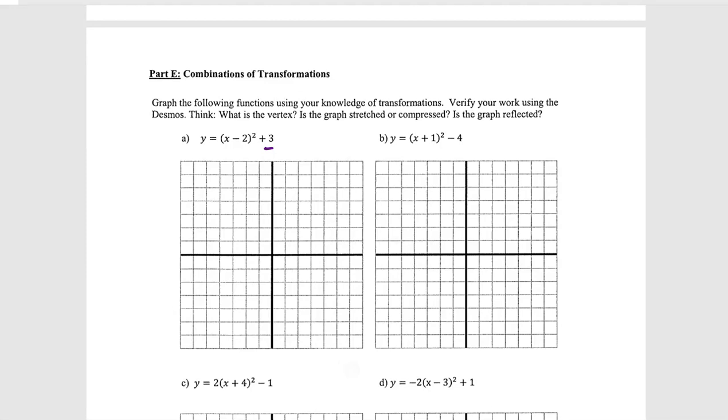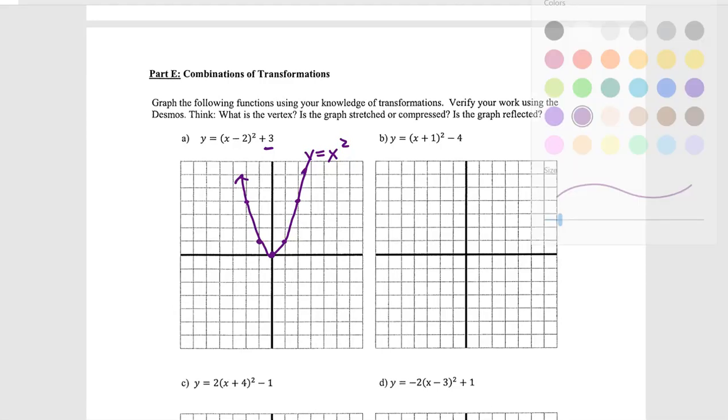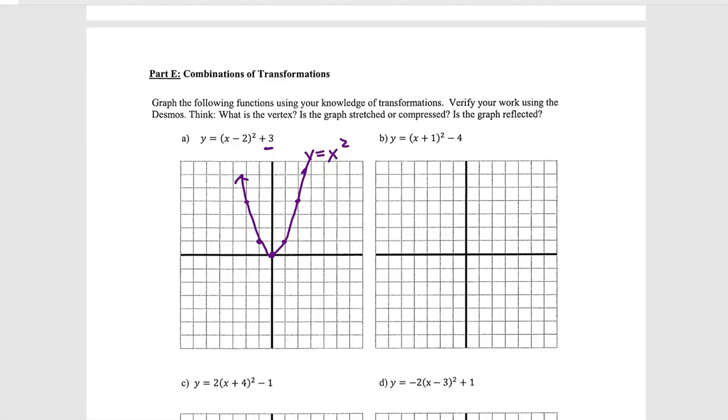I'm going to take my normal vertex at 0, 0 and draw my base parabola, y equals x squared. It says to move the whole thing up 3, so my vertex moves up 1, 2, 3.